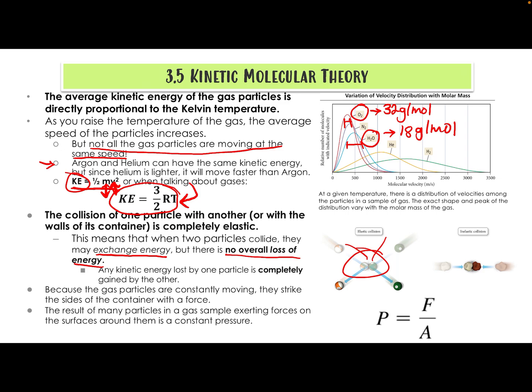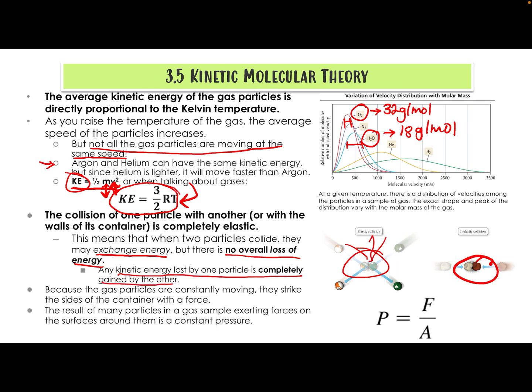So here we have two examples. An elastic collision would be like two pool balls colliding with each other, whereas an inelastic collision may be two clay balls colliding with each other. So when two pool balls collide with each other, they just go off in opposite directions. So any kinetic energy lost by one particle is completely gained by the other.